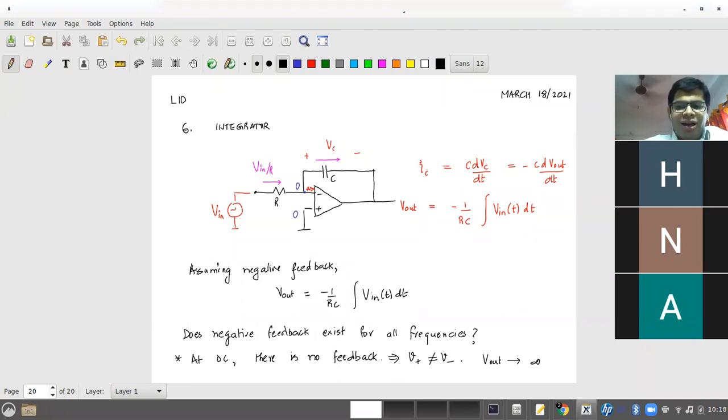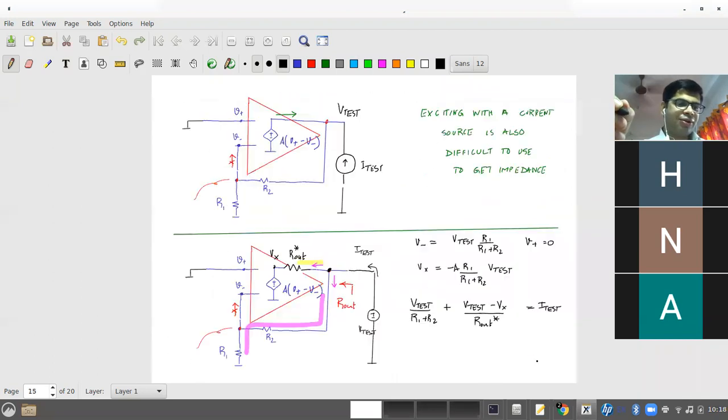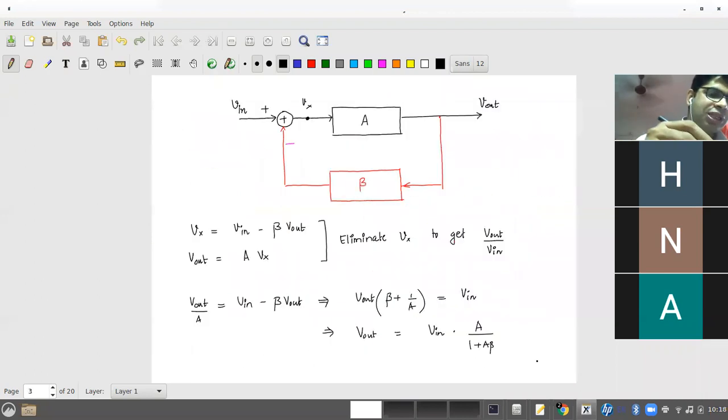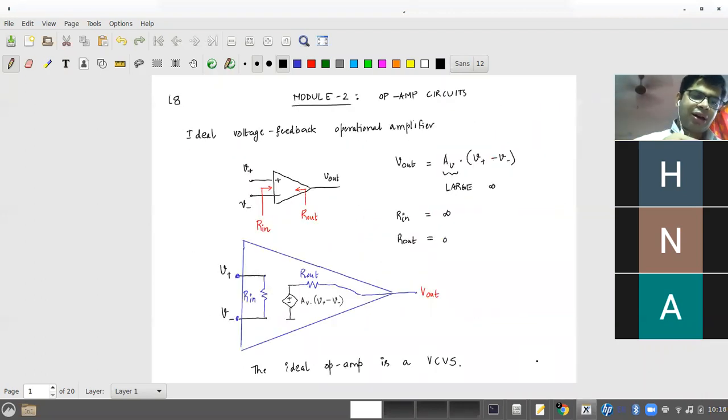Because the basic op amp itself has this property, that it just does A times (V plus minus V minus). So it will go to infinity. Now, can you have an infinite voltage in your circuit?